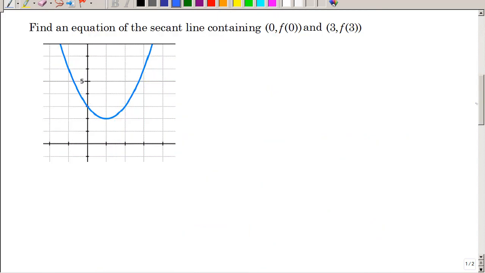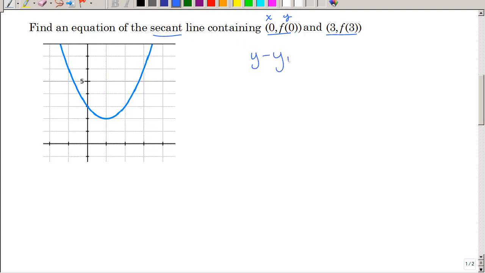Now that we have found the slope of a line, and a secant line just means it touches a function in 2 points, as opposed to a tangent line, which would just touch it at 1 point. So find an equation of the secant line containing these 2 points. Remember, this is x, this is y. We also have to know an equation of a line formula.